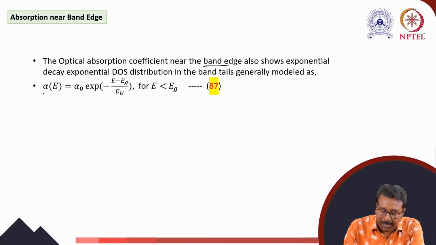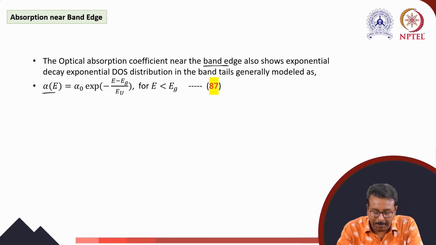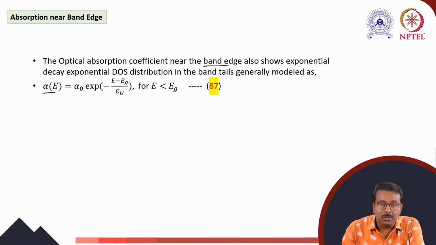And alpha(E), the absorption coefficient alpha, is a function of E because there is a difference between two energy states, E1 to E2. So a pair of energy states are involved. So alpha(E) equals some alpha 0, a prefactor, times exponential of minus Eg by Eu, for E less than Eg.